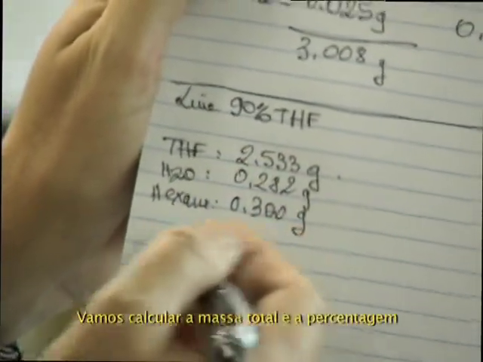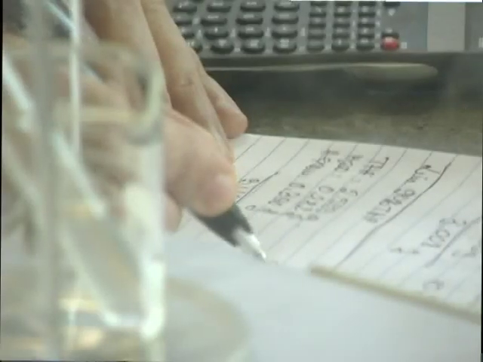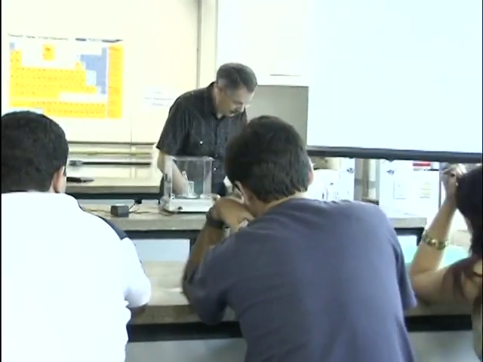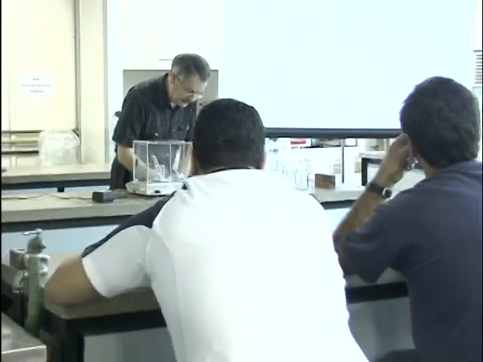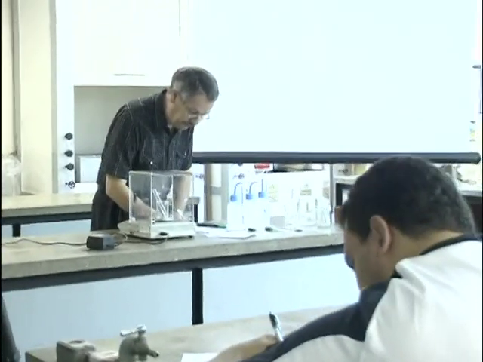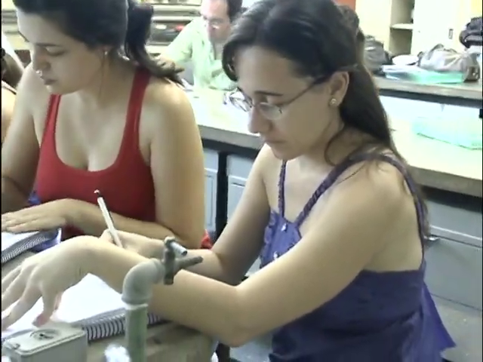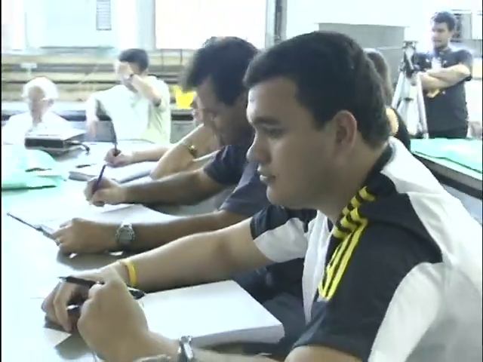I will sum this to have the total mass, and calculate the percentage. 81.32%. 0.282 divided by total is 9.05%, and 0.3 divided by total is 9.6. It's the same? Oh yeah, 2.8, 3.0, 9.63% weight.